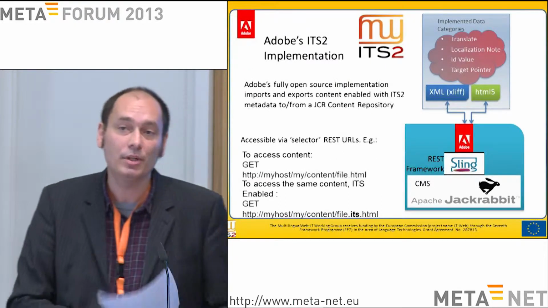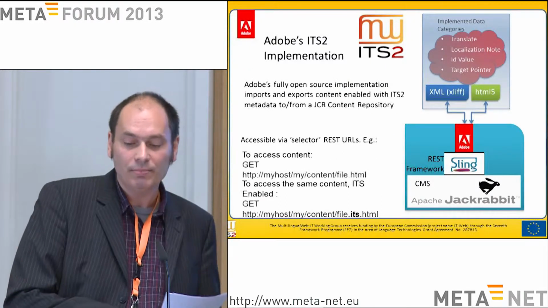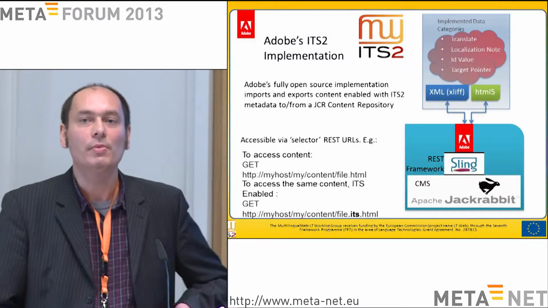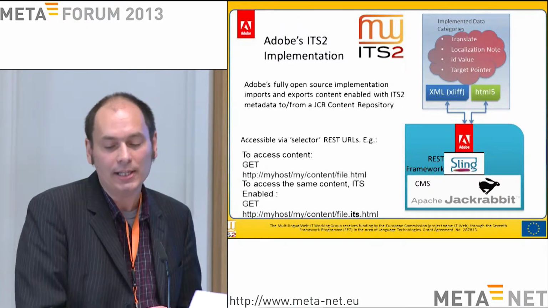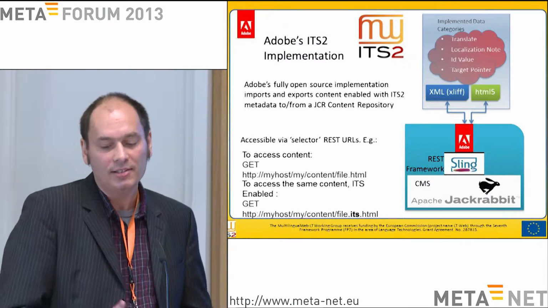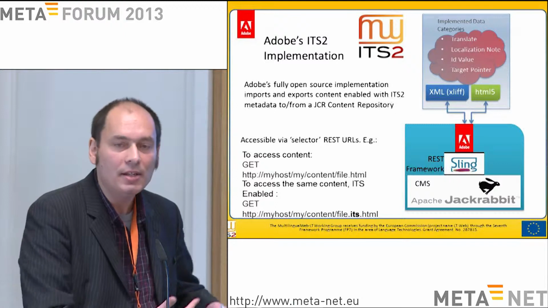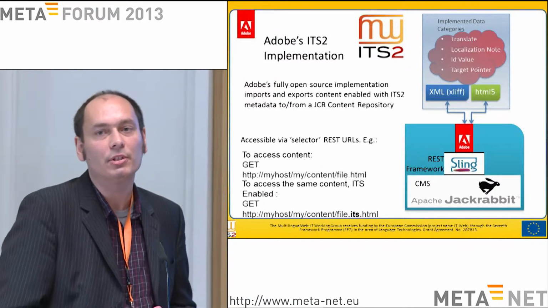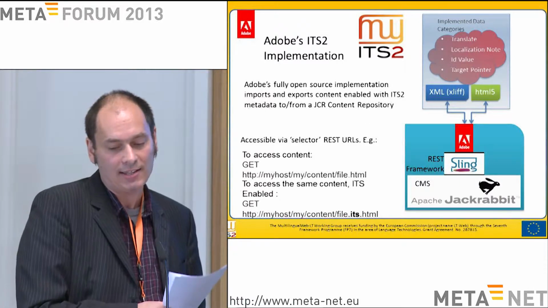So very briefly, what did Adobe do to implement ITS 2.0? They created ITS 2.0 functionality to make the offering easier in an open source content management system, a system that is capable of handling standardized web content like HTML5, but also formats which are important in the localization realm, like EXIF.